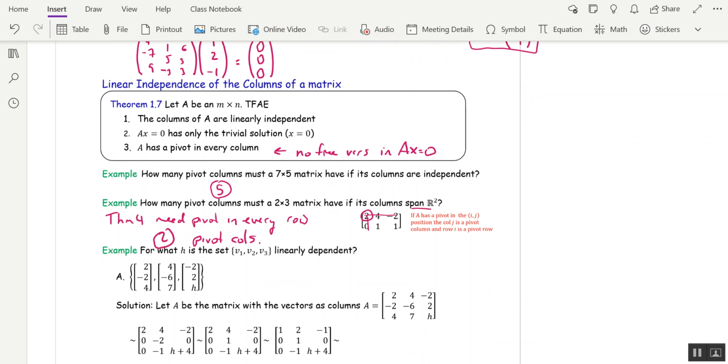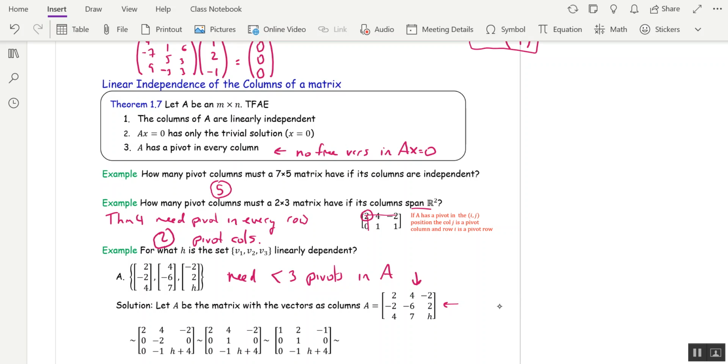Okay. For what H is the set V1, V2, V3 linearly dependent? Okay, so according to the theorem above, if I put those 3 vectors into a matrix and call it A, which I did right here, if those vectors are linearly dependent, I'm going to need less than 3 pivots in A, which is this matrix, because if I have 3 pivots, then the columns will be linearly independent.